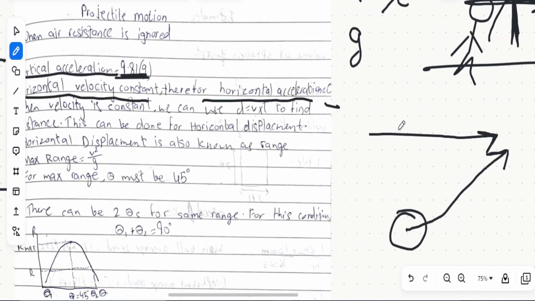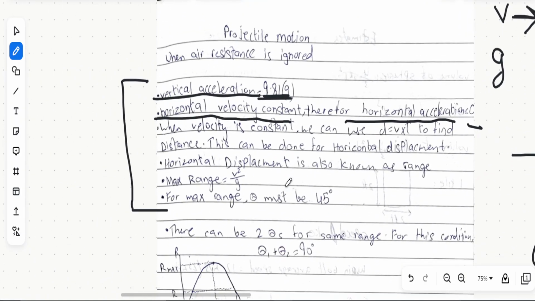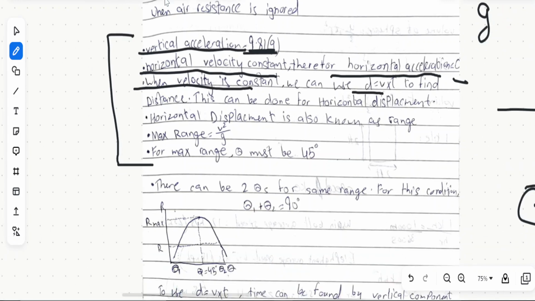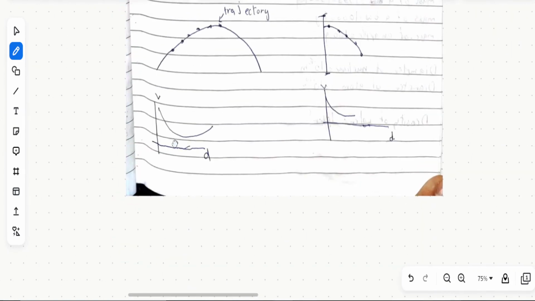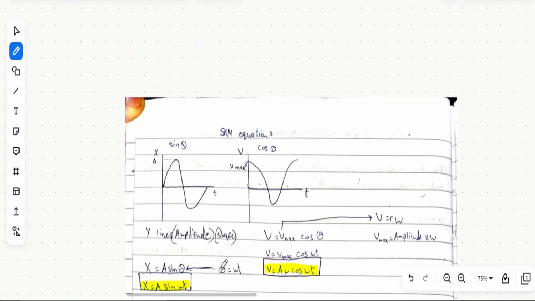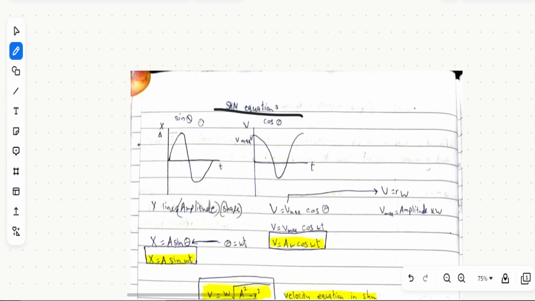All right, so this is one thing. The second thing is, when velocity is constant, you'll use distance equals velocity times time. I've explained this. So, let's move towards simple harmonic motions. What is simple harmonic motion?